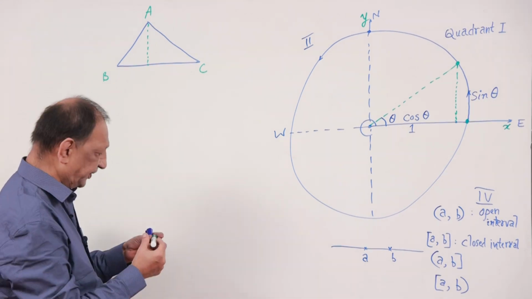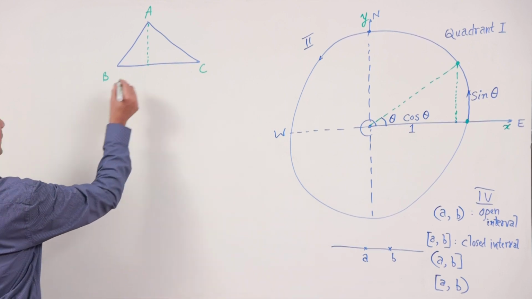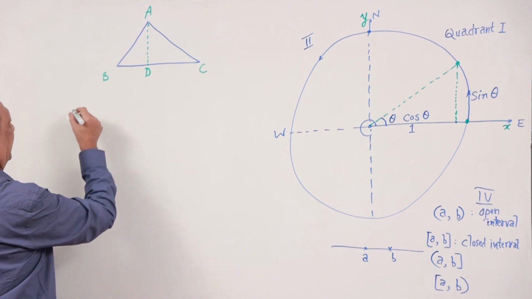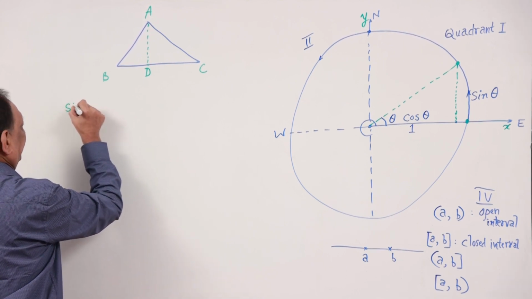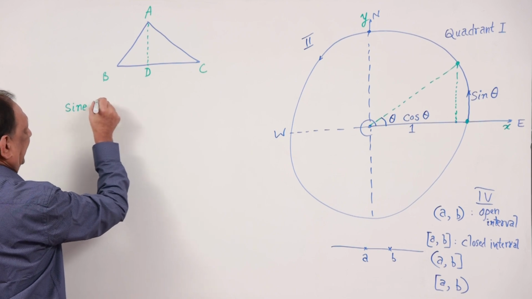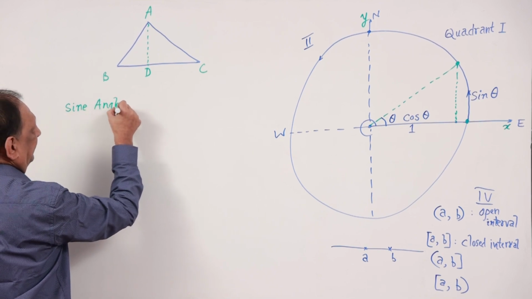So what is the definition of sin theta itself? I'll call this foot of the perpendicular D. Sin means sine of an angle, obviously. What is the definition?